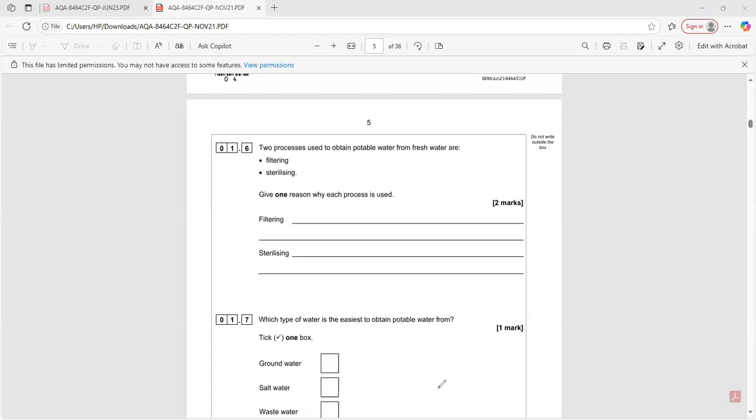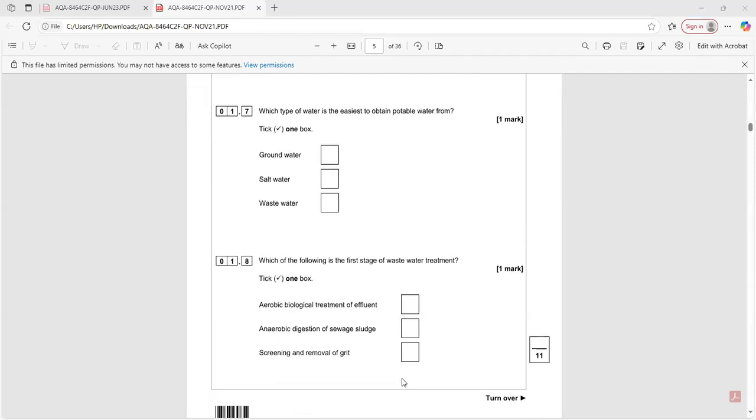Yes. Okay. So the next question says, which type of water is the easiest to obtain potable water from? Which one do you think would be the correct answer? Ground.